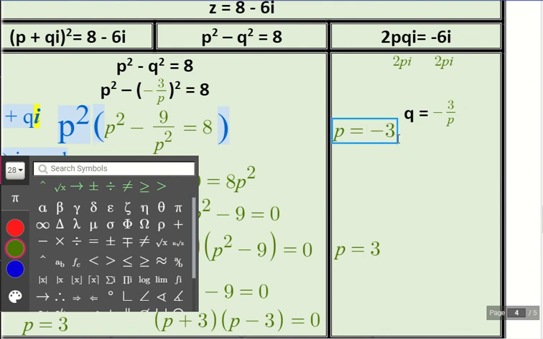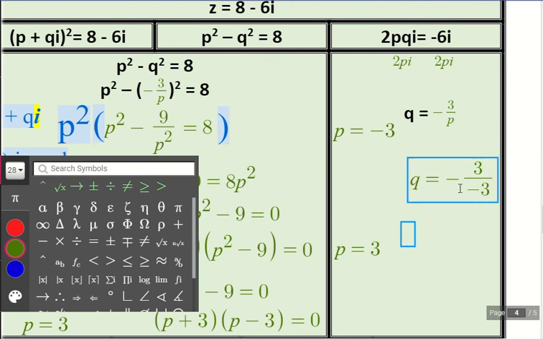For this negative 3, I want to know what is the value of q if p is negative 3. So q equals negative 3 divided by, and here we just substitute in negative 3 for p.